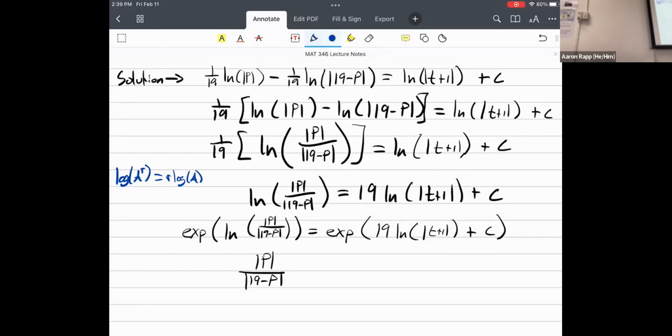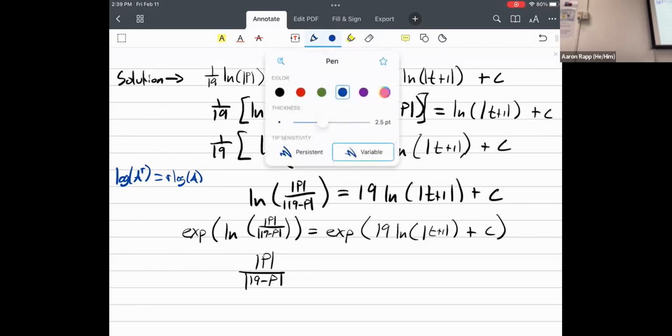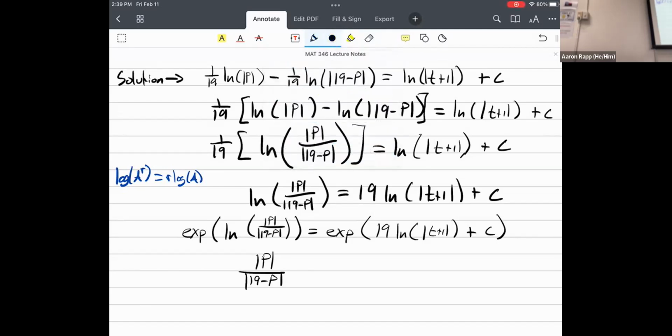So let's raise that 19. So I take the absolute value of T plus 1 and raise it to the 19th power.